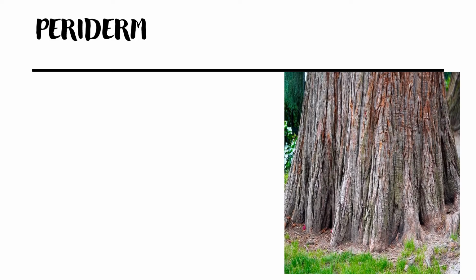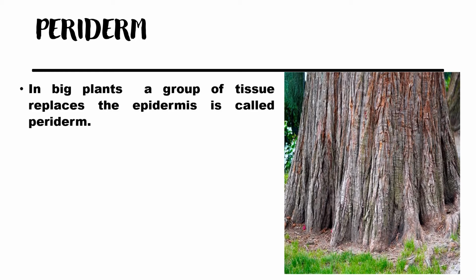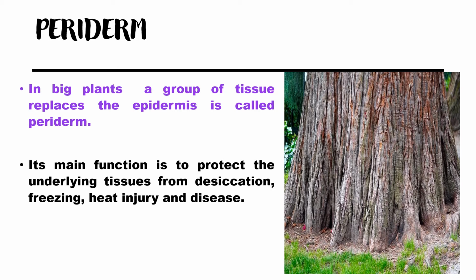But in a big plant, a group of tissue replaces the epidermis and is called as periderm. I'll discuss about periderm in my other video when I'll describe about secondary growth. The main function is to protect the underlying tissue from desiccation, freezing, heat injury and diseases.